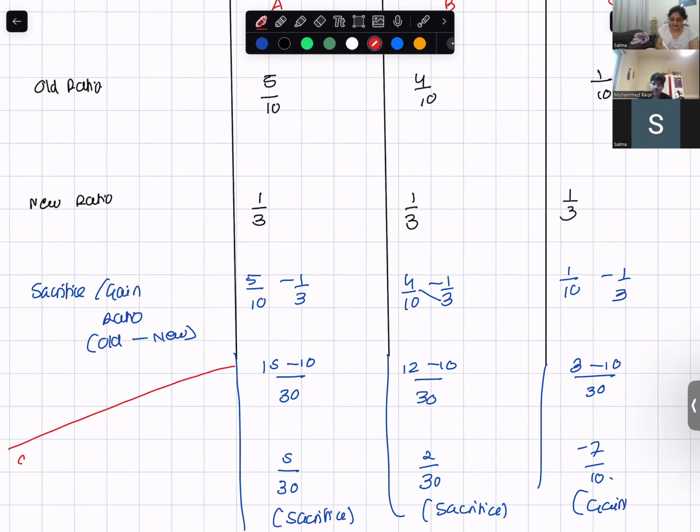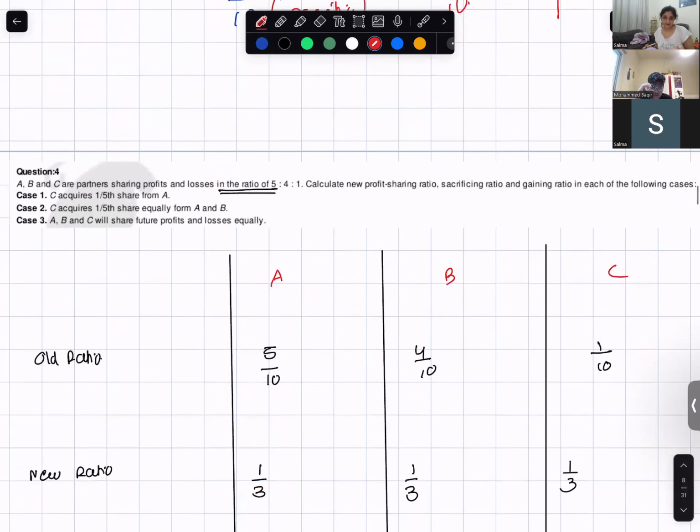Remember, the sacrificing ratio is what? The sacrificing ratio is 5:2. And C's gain is how much? 7 by 30. Are you with me?